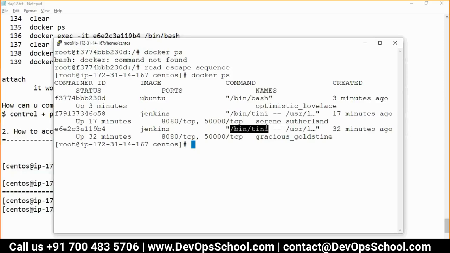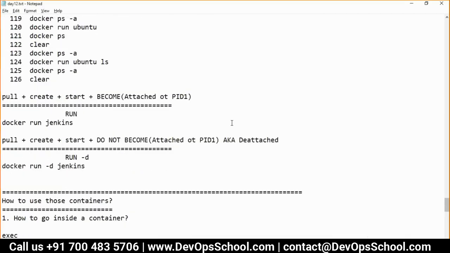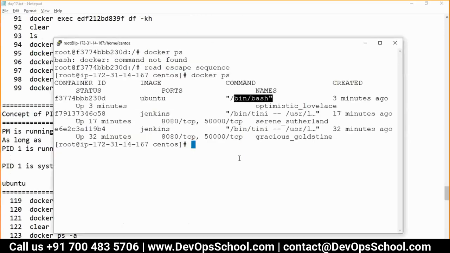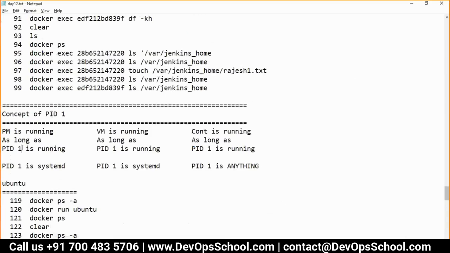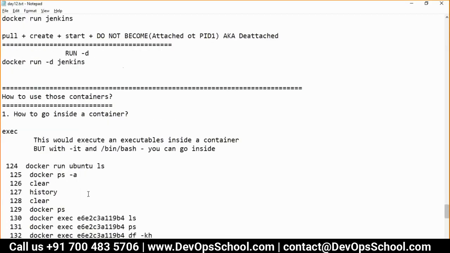Is that the one? Yeah, that's what I'm telling you. No, when you run Ubuntu, it's a different image. Jenkins, different image. The Jenkins image developer set this bintany. Ubuntu developers have set bin bash. I am telling you the same statement. But in both the cases, run is attaching to the PID1, right? Yes. No matter what is the path.